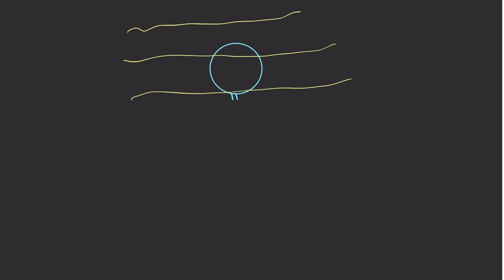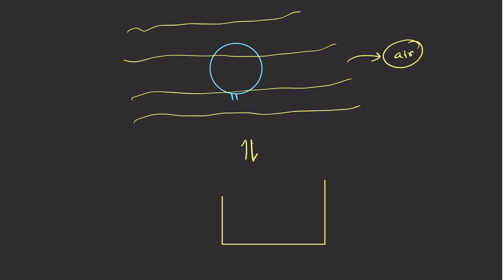Now this concept of buoyancy can be replicated for a hot air balloon. Let's just say this hot air balloon is dipped in a fluid, and instead of a fluid you can imagine this fluid to be air. This particular example is analogous to a hollow sphere being dipped in water.